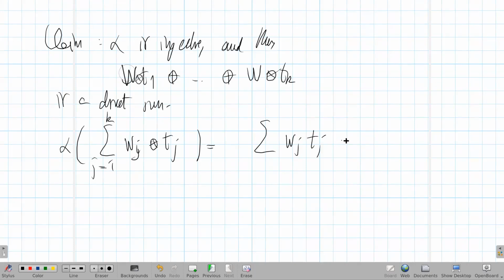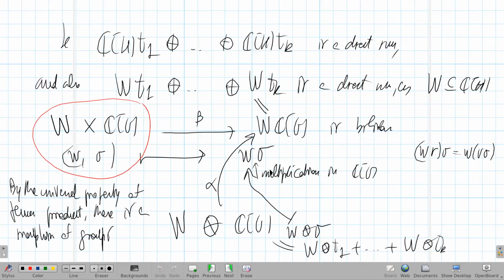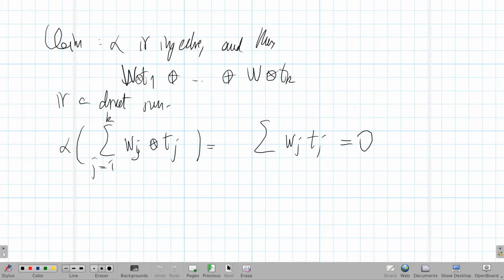And if this is 0, since this is a morphism, it's enough to check the kernel, because what this does is take an element W tensor sigma to W times sigma. Each elementary tensor will be taken into the product.